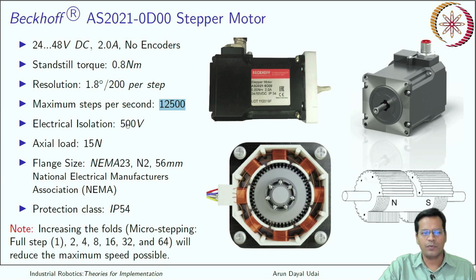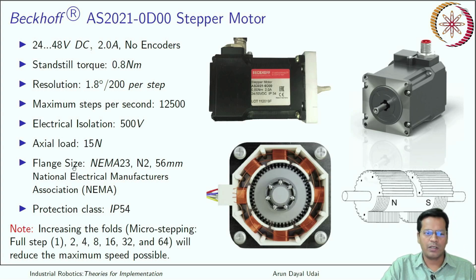So electrical isolation, 500 volt axial load. This also is very important because most of the time stepper motors are used to pull and push some sort of pinion drives. Okay, so screw and pinion drive where it can pull a bed, maybe a tool sometimes. So an axial load more than this is not acceptable.